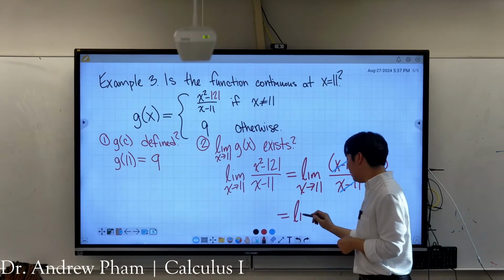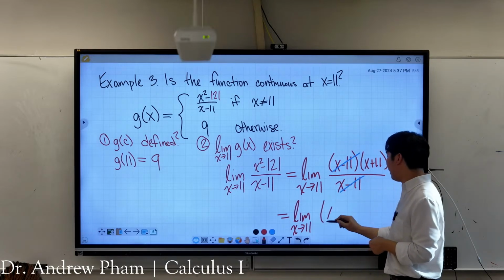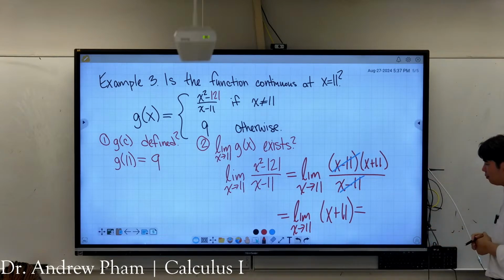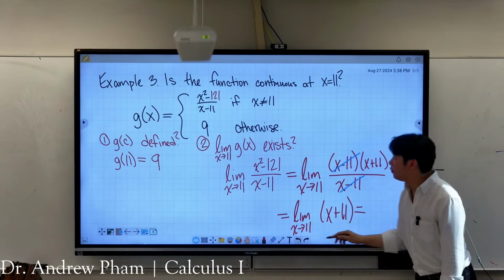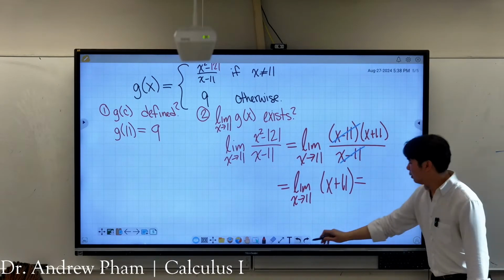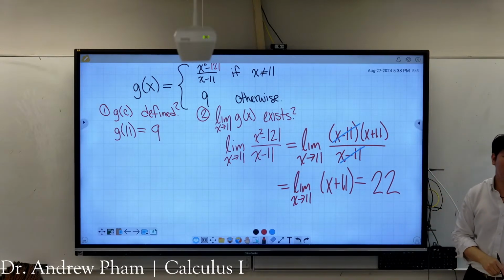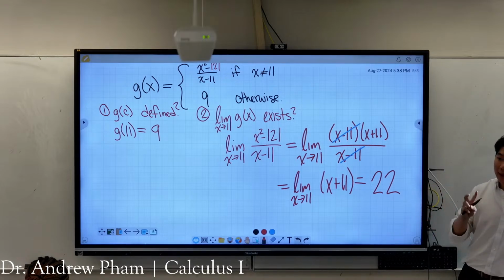So I have the limit as x approaches 11 of x plus 11. What is this equal to? 22. So here I'm saying my limit exists, and in particular, it's 22. Second condition works out. It exists. It's a number.